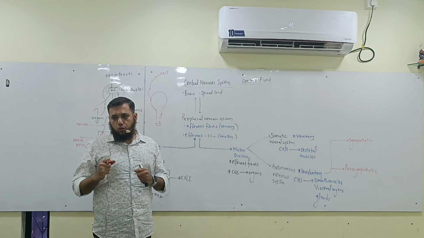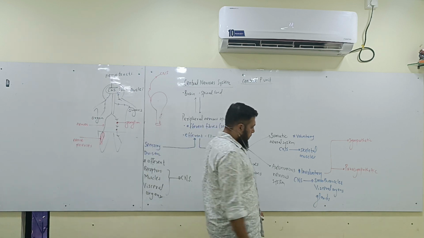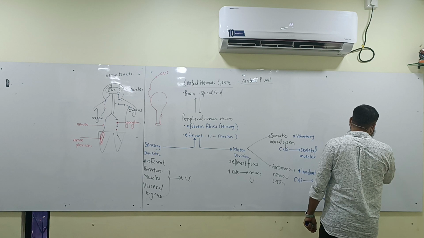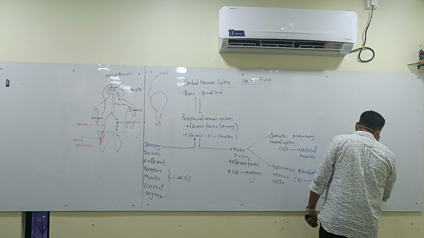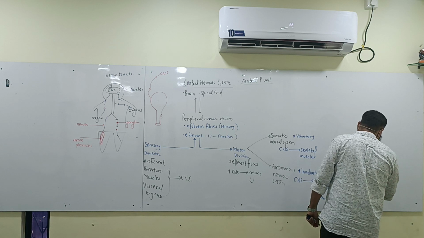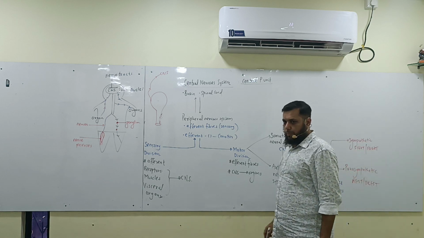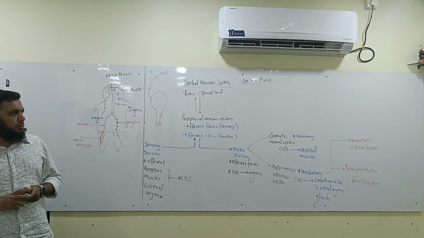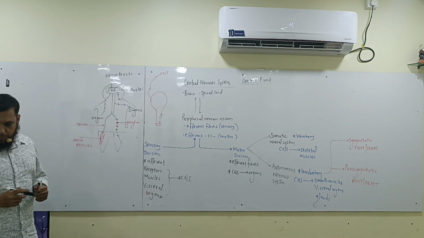Which division prepares you for action? Sympathetic. That is why it is called which word? It is called fight or flight. And parasympathetic division is called the rest and digest. I told you about the adrenal gland and such. Did you understand my point?